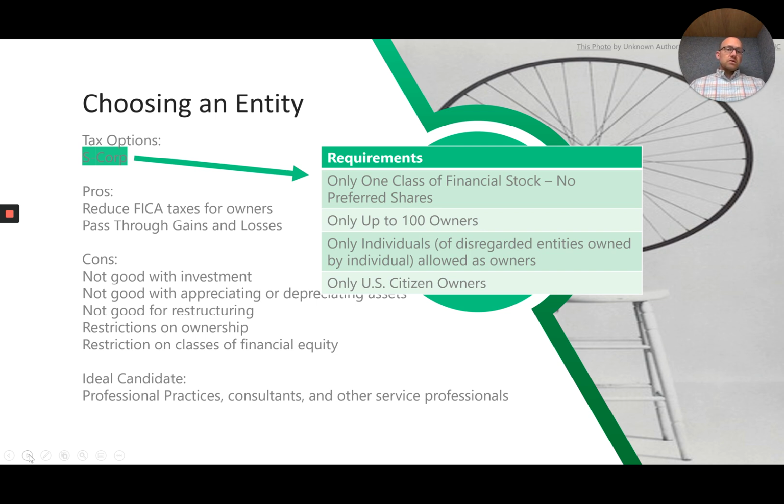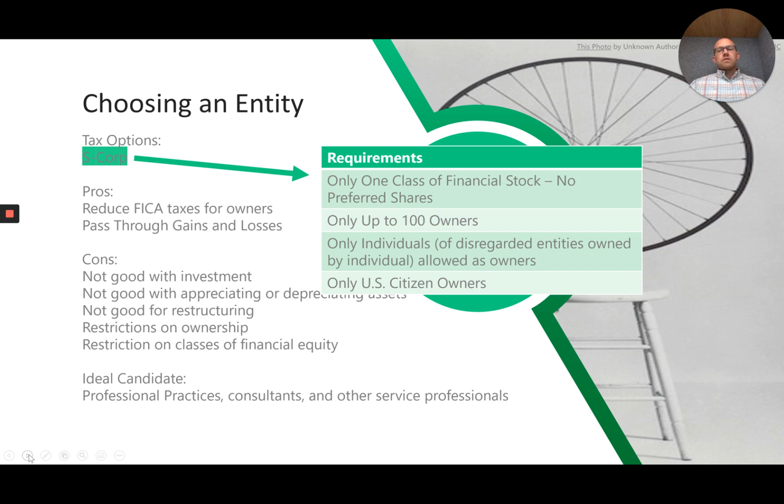And there are certain types of trusts that can own interests in an S corp. The other limitation is that it's only available to U.S. citizens. So if you fit all of these, you are eligible to be an S corp.